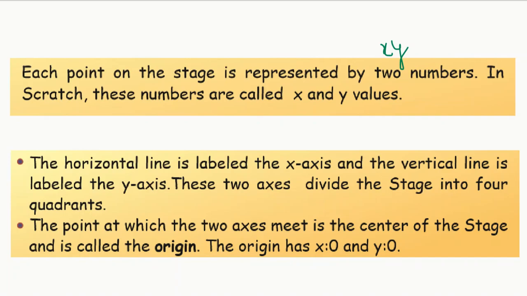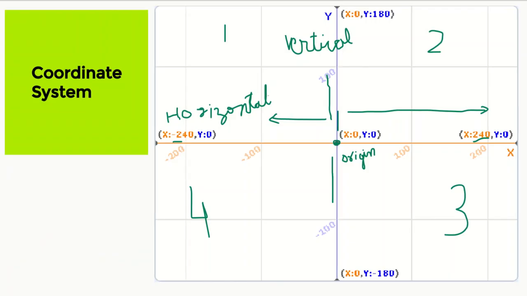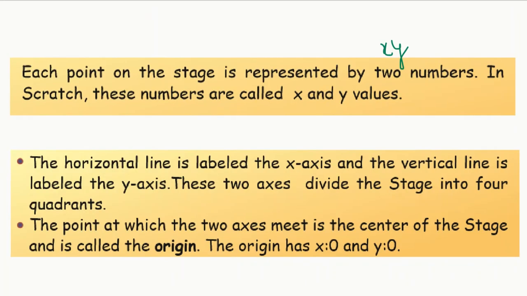I told you that these are the different quadrants: 1, 2, 3, 4. The point at which the two axes meet is the center of the stage, called the origin, and at the center or origin, x and y are both 0.